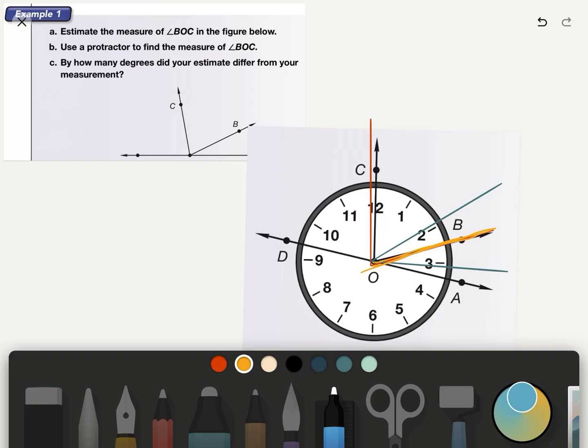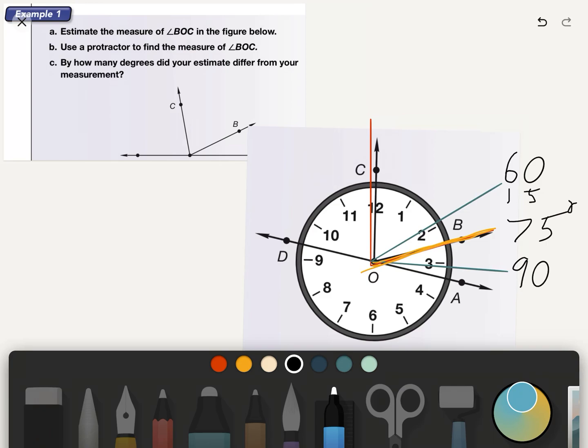At least it does to me. And so looking at that, we could say, well, if this is 60 degrees and this is 90 degrees, well, exactly halfway through there would be plus 15, getting us 75 degrees.